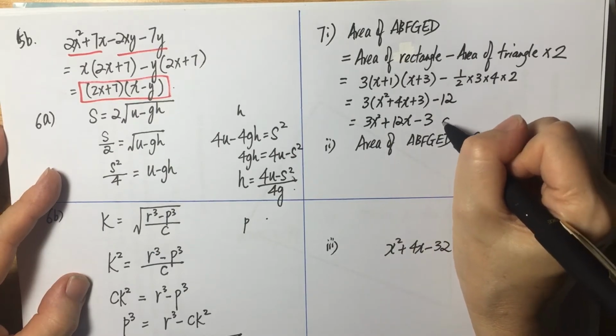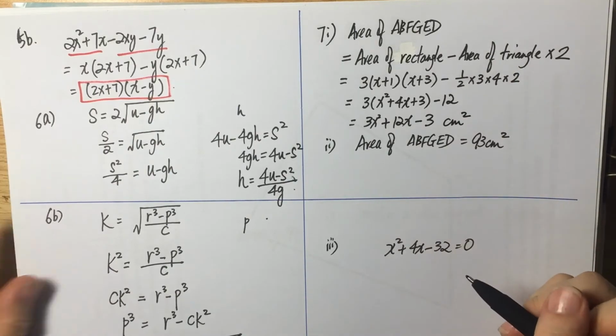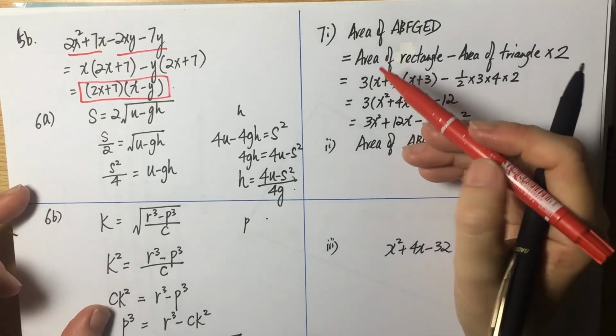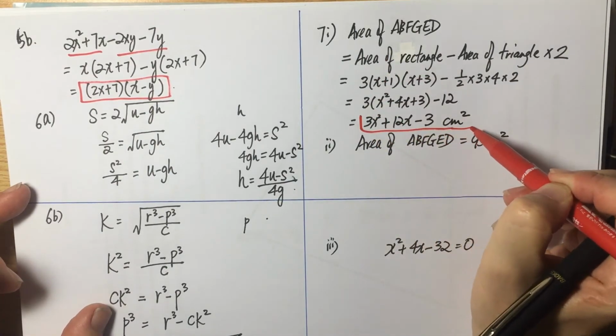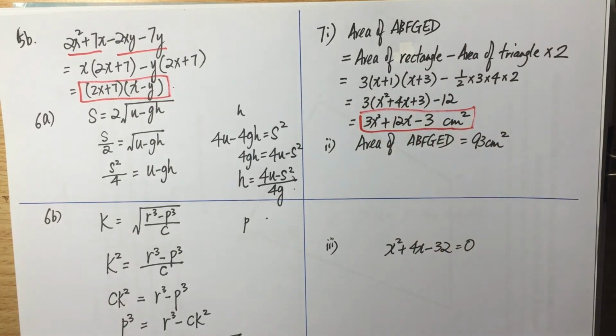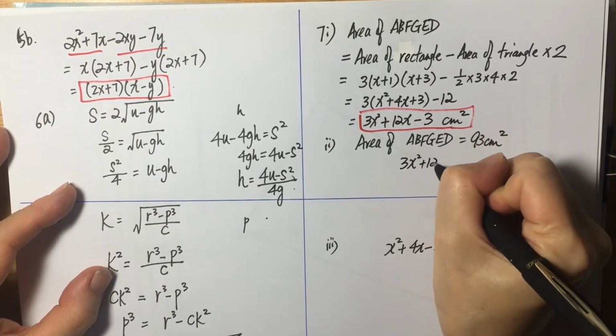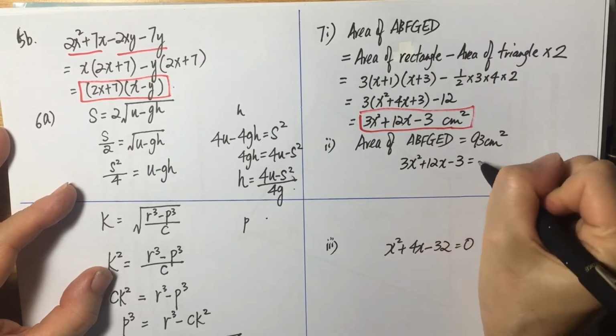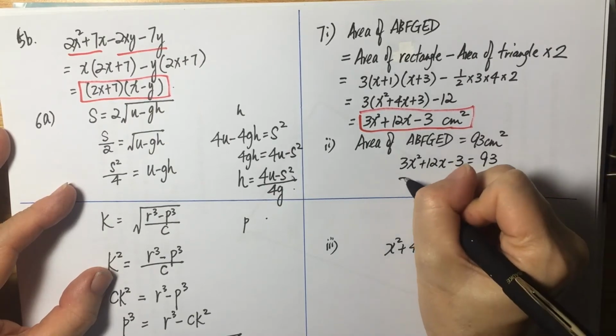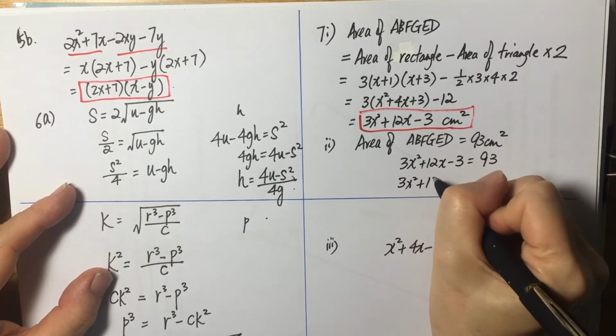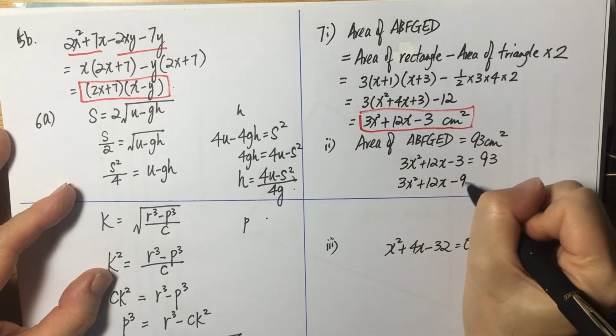So this is in square centimeters. And if this area is given to be 93 square centimeters, how do we find the value of x? So 3x squared plus 12x minus 96 is 0.